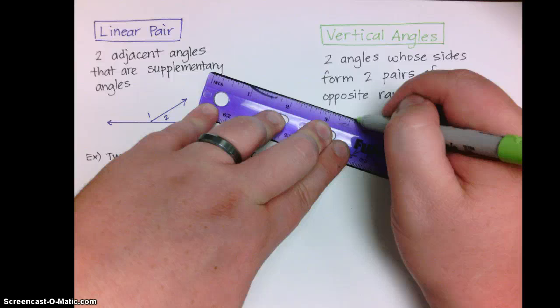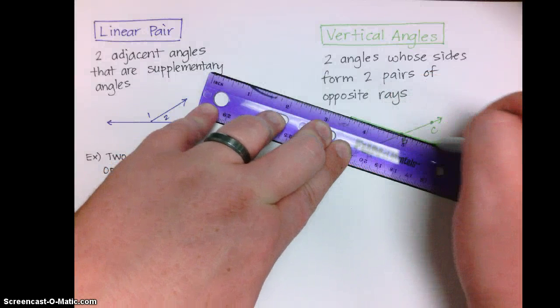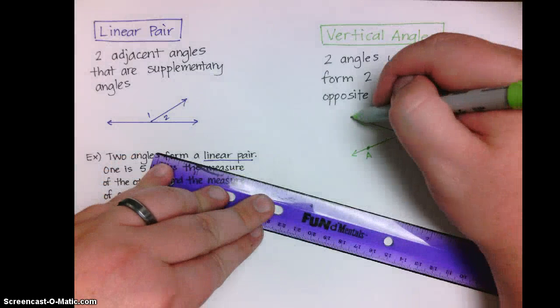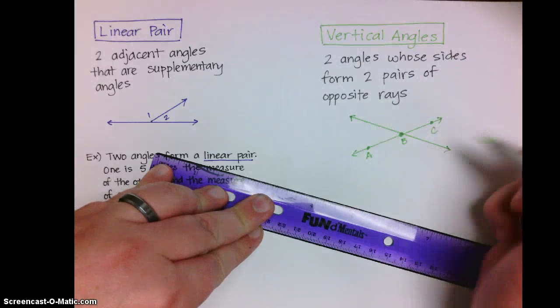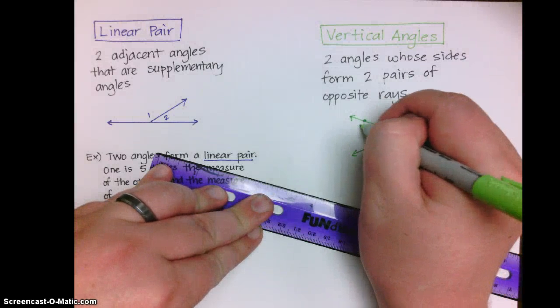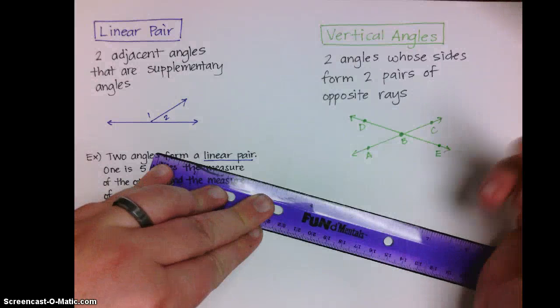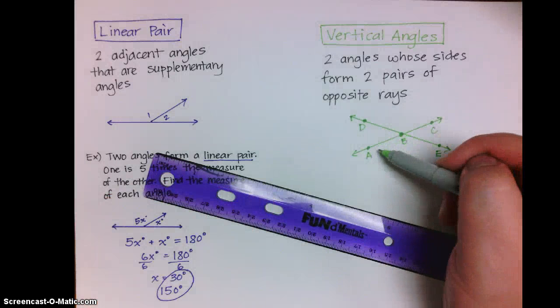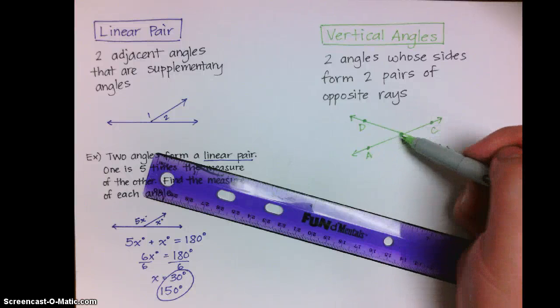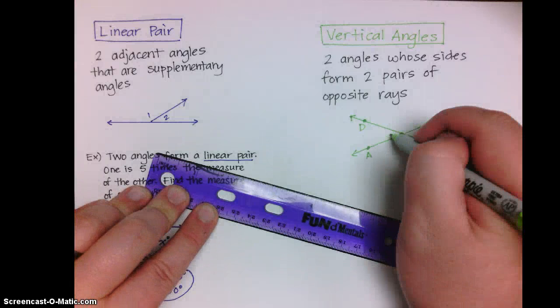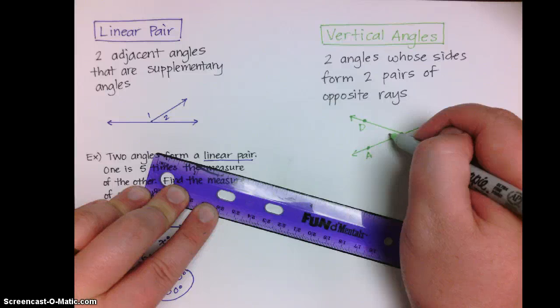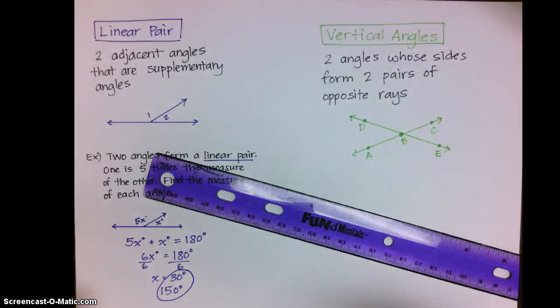Well, if I have another set of opposite rays that go through this middle point, let's label them D and E, the angle that is formed by the sides of two opposite rays, these are actually vertical angles.